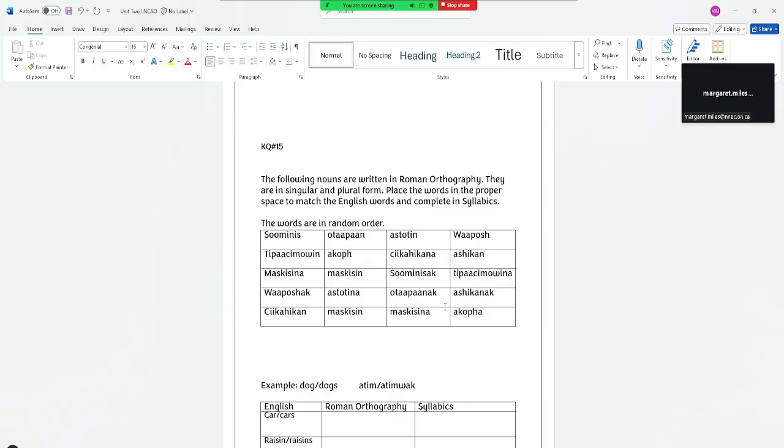Second one is Tipajamoan. Tipajamoan. Maskisina. Maskisina. Wapusek. Wapusek.